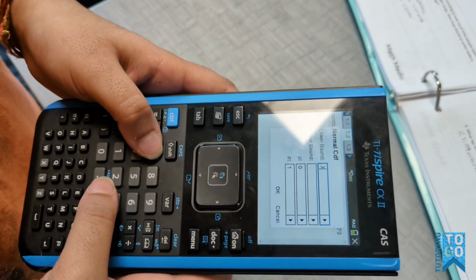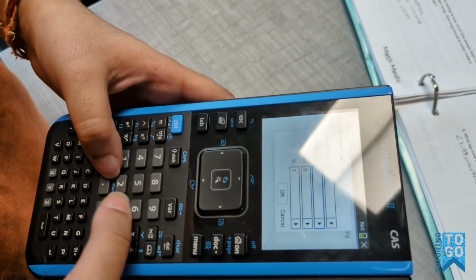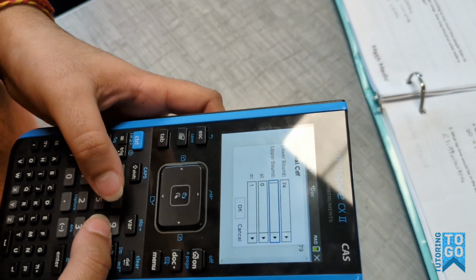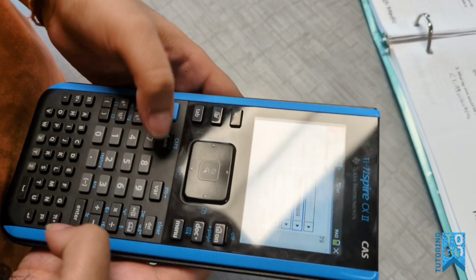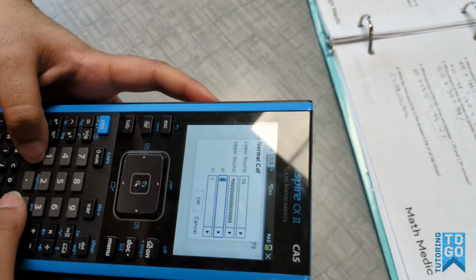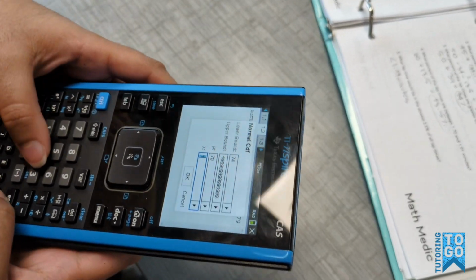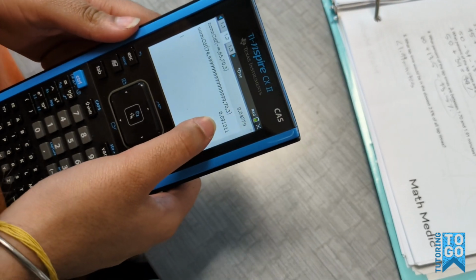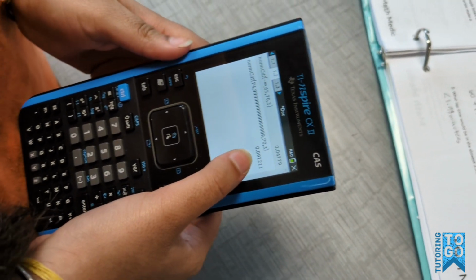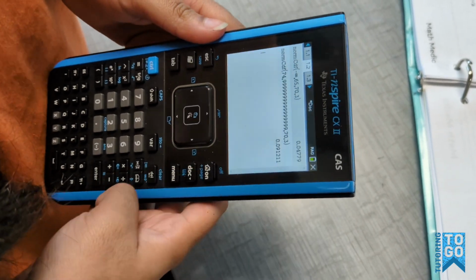So our lowest value is going to be 74, and our upper bound is going to be infinity. And one way that you can do that is you just plug in a bunch of 9s into the calculator, or you can type in infinity. And our mean is still 70 and our standard deviation is still 3. So we hit OK, and it tells us that for numbers greater than 74, we have 9.12%.